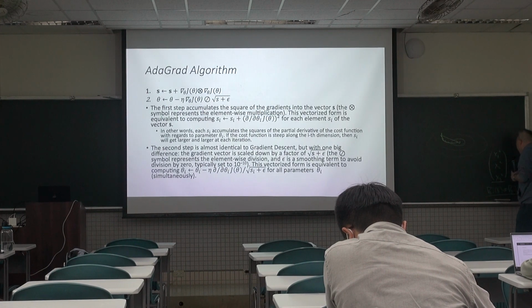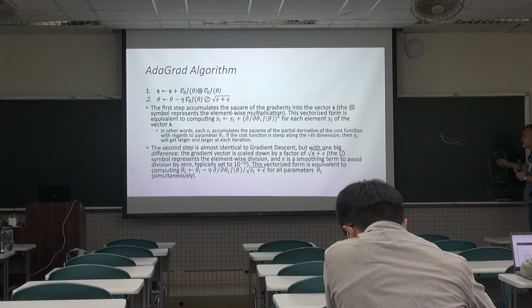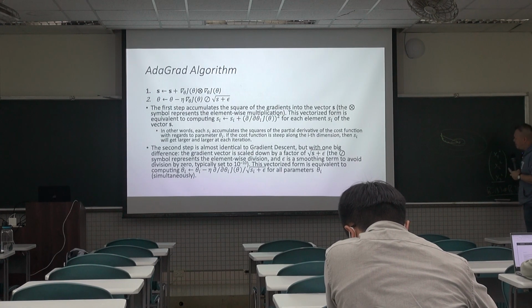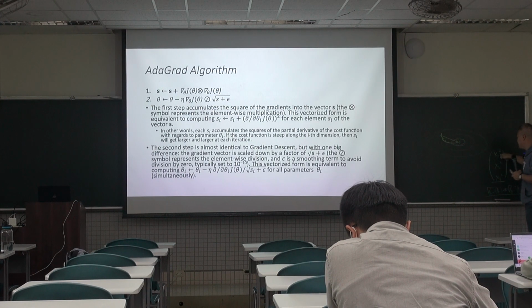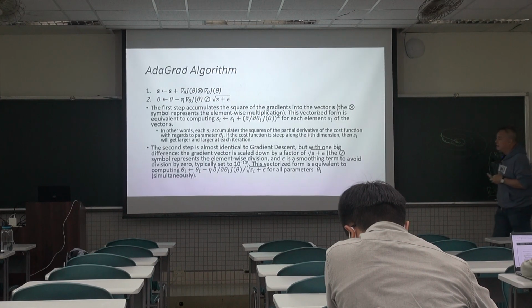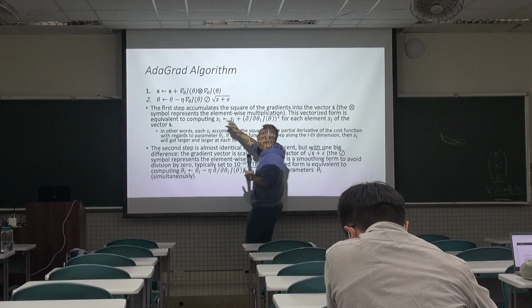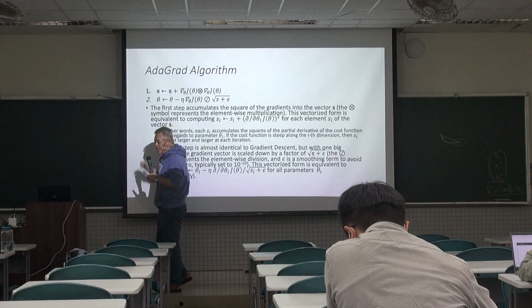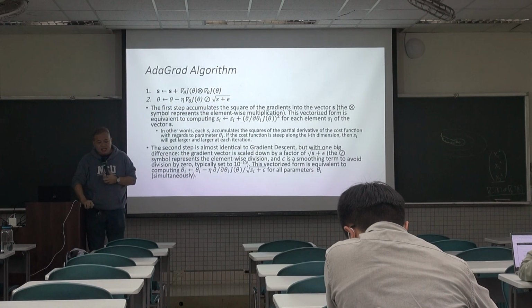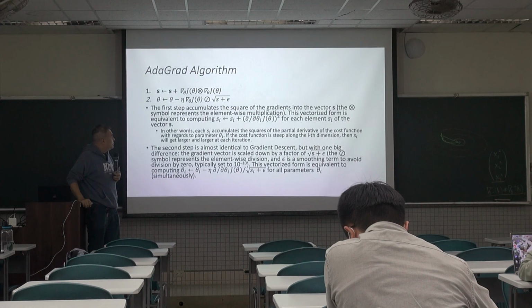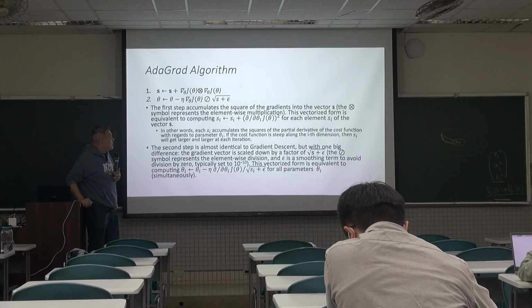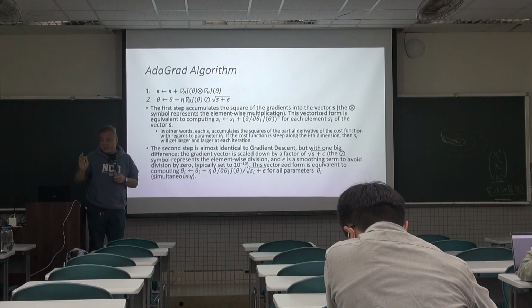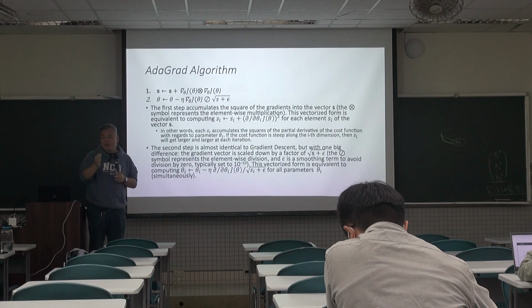I probably shouldn't use L2, but you get the idea. Each component of the gradient of J(theta) is squared, and you add that to S to be the next S. This S is also a vector that gradually accumulates those gradients.